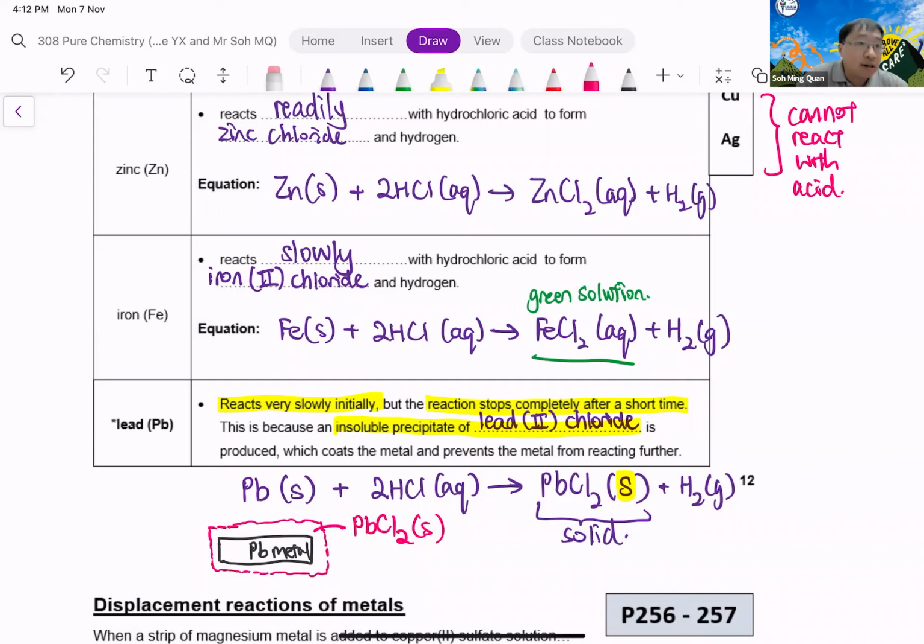And the result of this is that if it coats the whole surface, the metal inside cannot react further because the metal inside is no longer exposed to the acid. And that's the reason why the reaction stops, because now you have a coating of lead 2 chloride. And therefore, it will stop the reaction from happening because it prevents the metal from coming into contact with the acid.